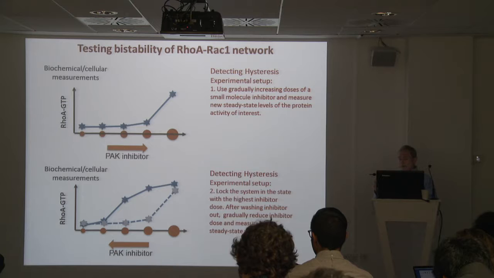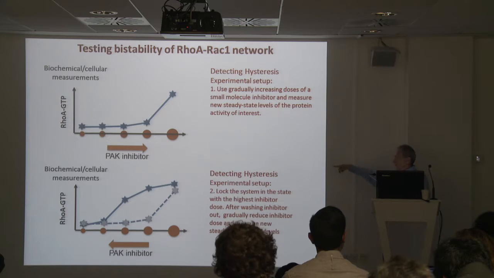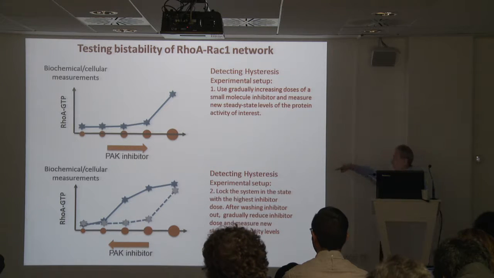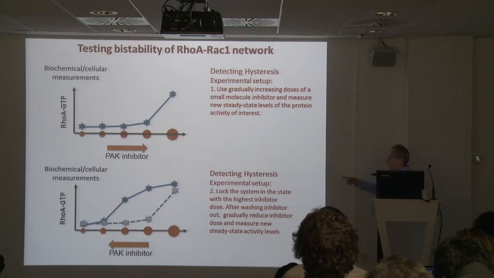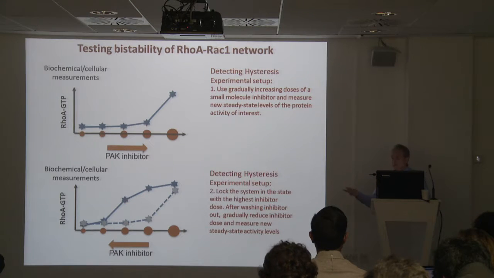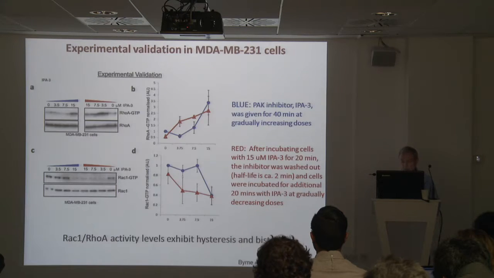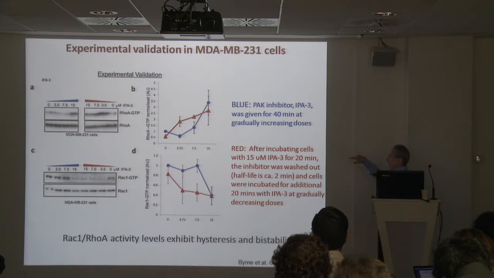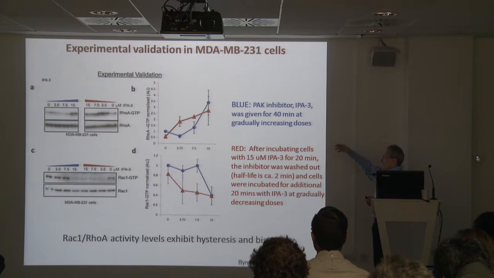So if your way up and your way down are different, it means the system exhibits hysteresis. We did the same here, and indeed you see a difference between blue and red. Blue is when you give the PAK inhibitor, and red is when you wash it out and then give it again.